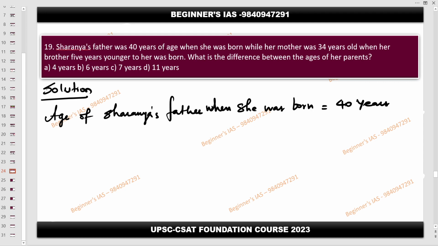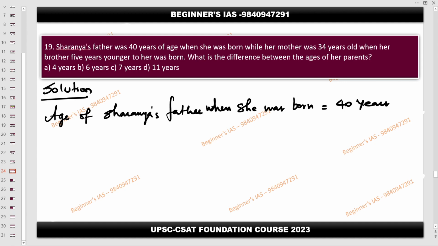Now simple logic. Her mother was 34 years old when her brother, 5 years younger than her, was born, which means that Saranya was born when her mom was 29 years old. Am I right? Yes, sir.